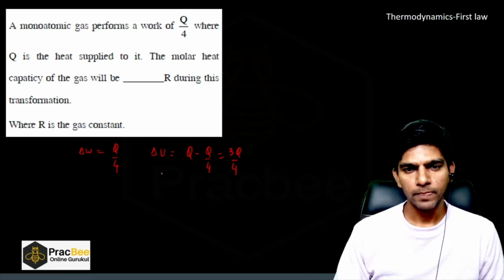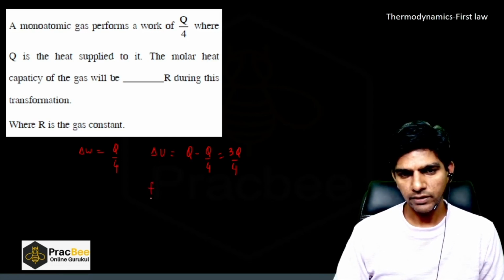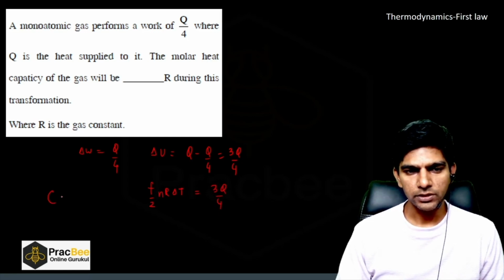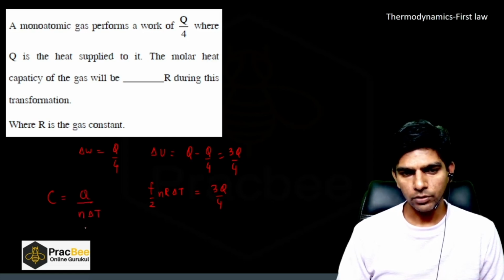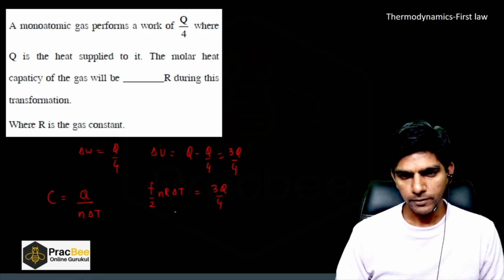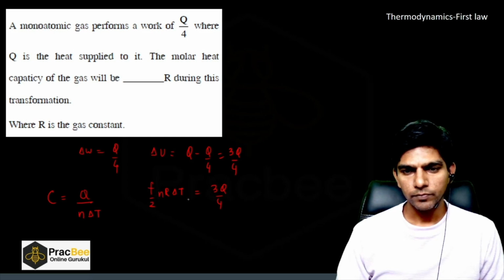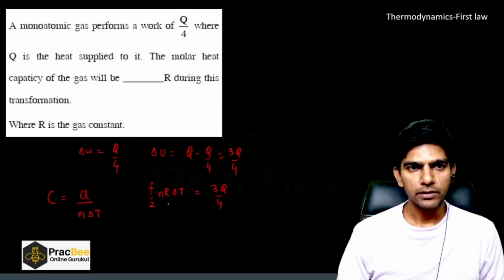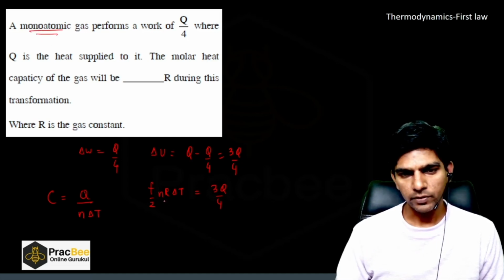Now that is the change in internal energy. And we know the change in internal energy formula is f by 2 nR delta T, which will be 3Q by 4. And the molar heat capacity, the general formula, is the heat supplied divided by n delta T. So if we know the value of n delta T in terms of Q, we can find the molar heat capacity. So from this equation, we have nR delta T, and we have been given a monatomic gas. So f will be 3.